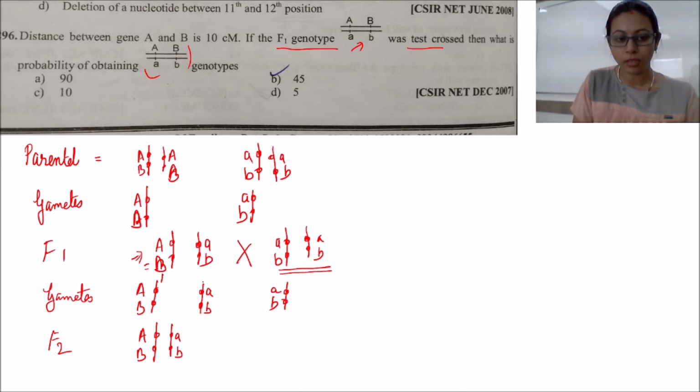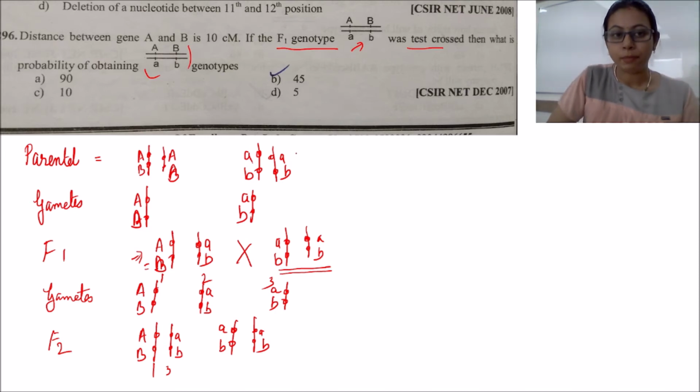If I number the gametes 1, 2, 3, one progeny is the combination of 1 and 3, and the second progeny is the combination of 2 and 3, so it will be a b and a b. What we can see here is that we have not shown any recombination or crossing over between the A and B loci.